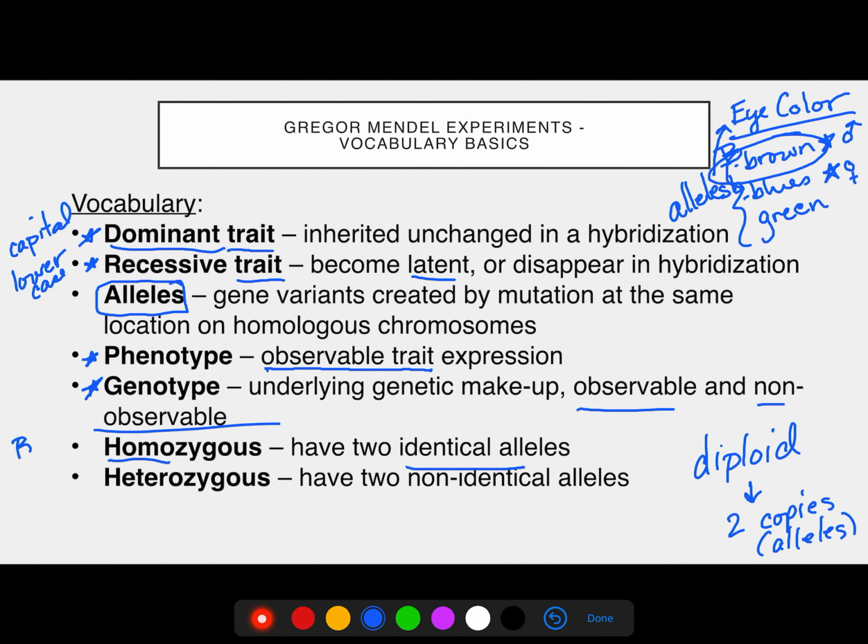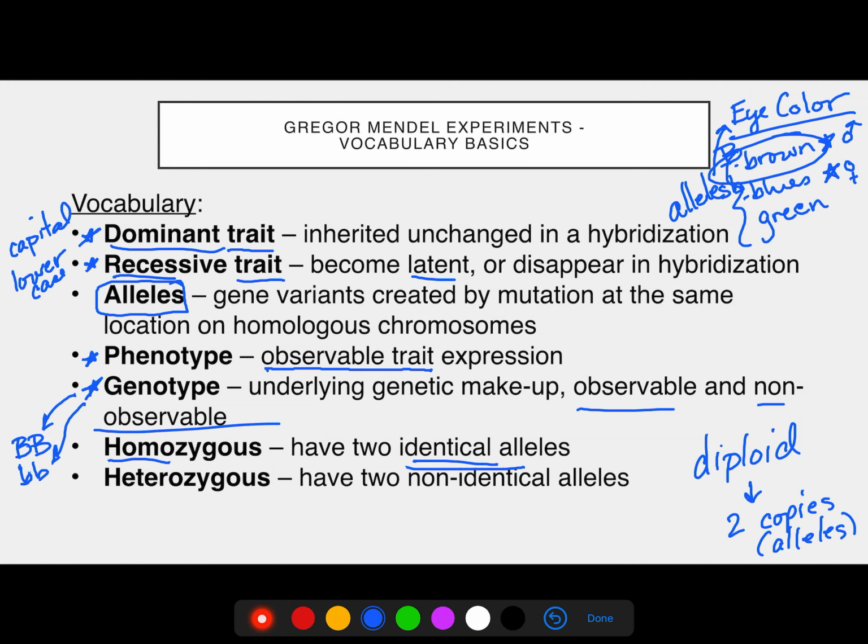So they would be capital B capital B, and that is their genotype. If they are homozygous recessive, that means they have two identical recessive alleles. So they'll be lowercase b lowercase b, and that would be their genotype as well.